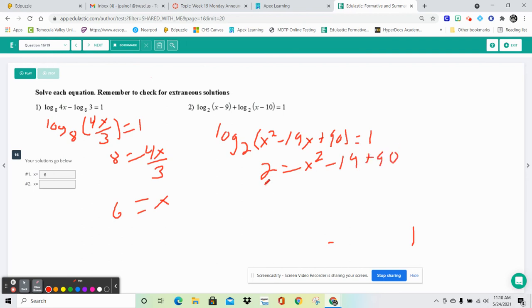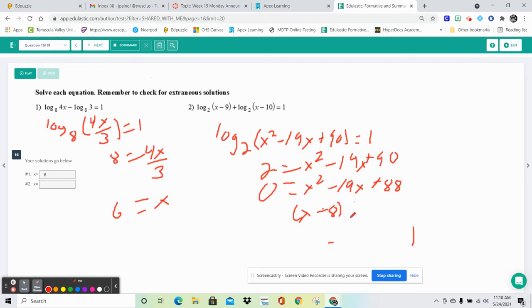Now it's a quadratic, so I want to set it equal to 0. So 0 equals x squared minus 19x plus 88. Solve that by factoring. That's going to be x minus 8, x minus 11.